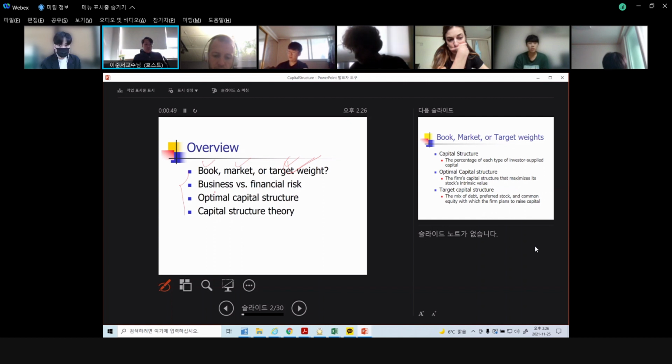The second issue is business risk versus financial risk. We will talk about the 2 risk types from the point of view of the corporation. And the third one is we will figure out the optimal capital structure, the capital structure that maximizes the firm's value.